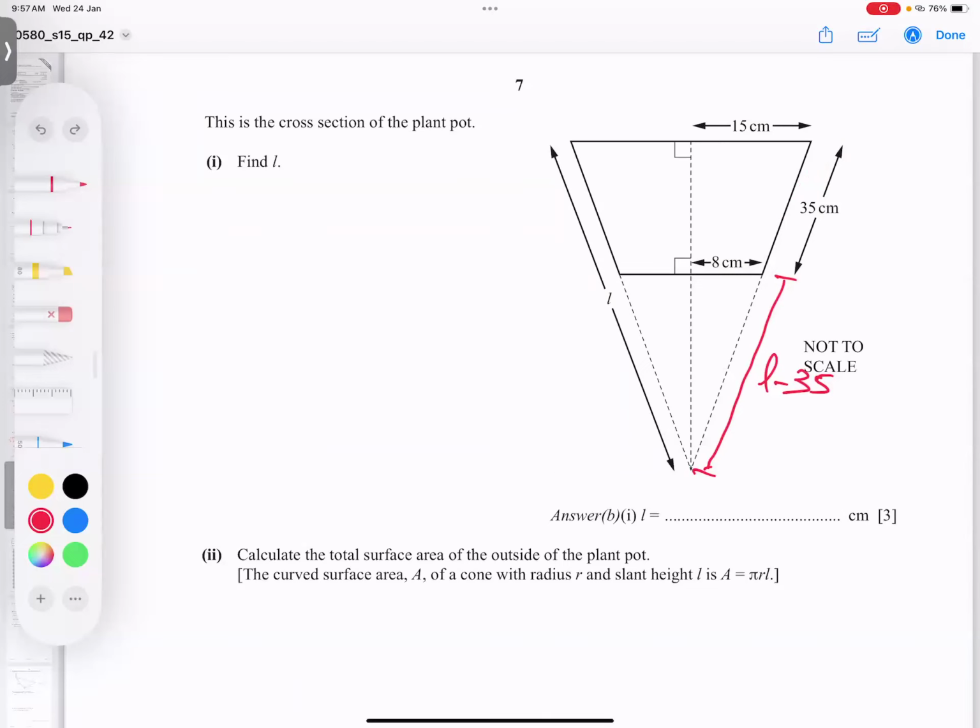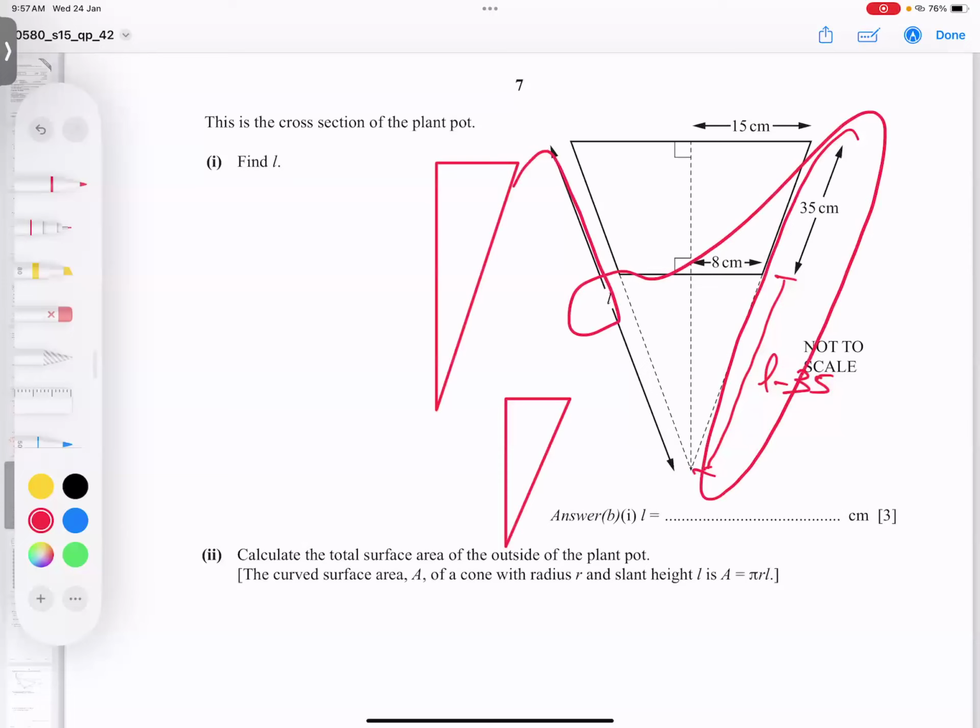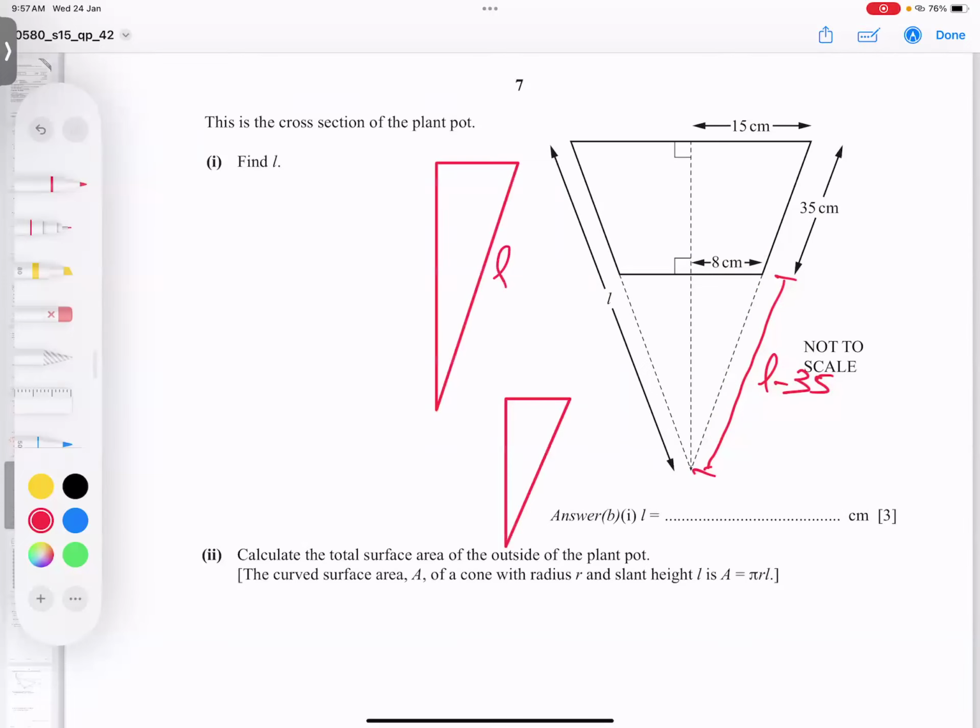Now, if you concentrate, we have two shapes. I take both. One, I take a big triangle. Look, students, I show you one by one, inshallah. One bigger triangle I take, and one smaller triangle I take. Hold on. The full length is L, so I am writing L here. The small length is L minus 35.